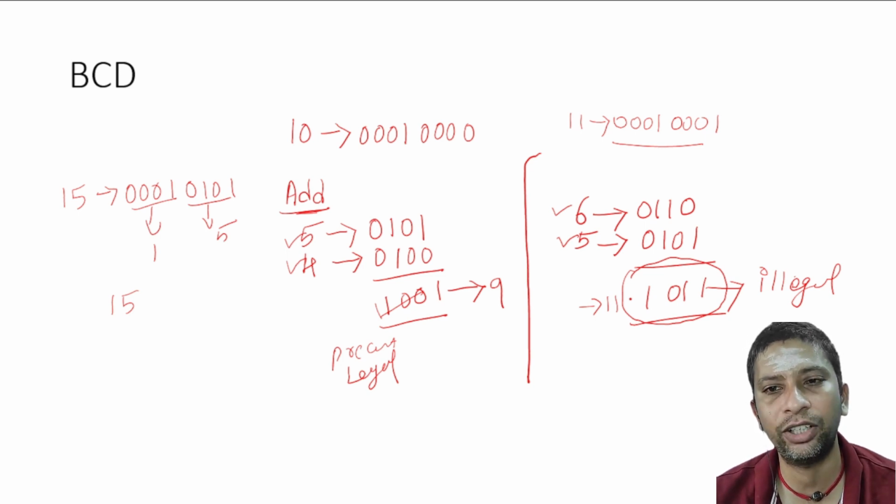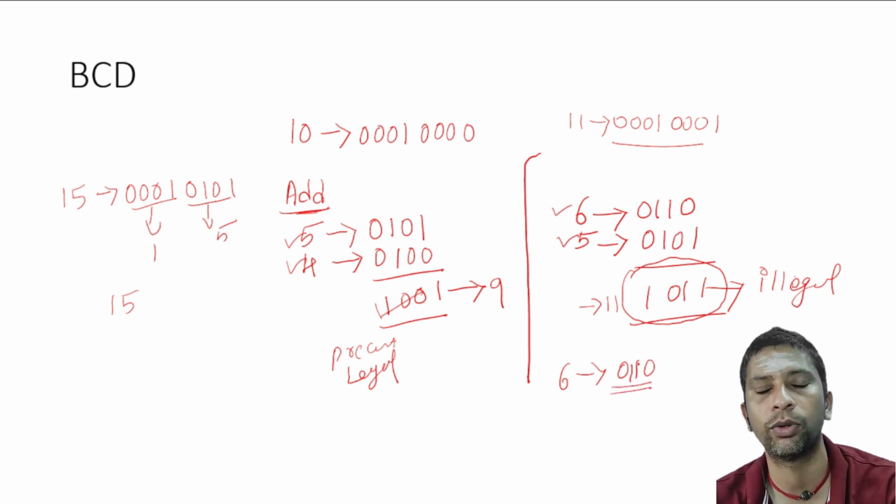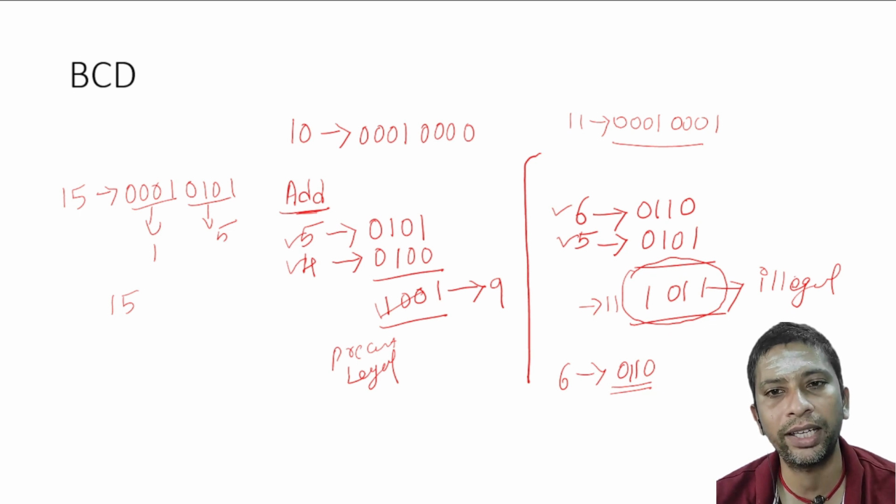In these kinds of cases, what I should do is add binary number 6, which is 0110, to it. The reason why I am adding 0110 has already been said, but I am repeating it again.